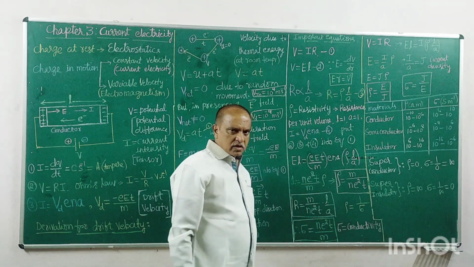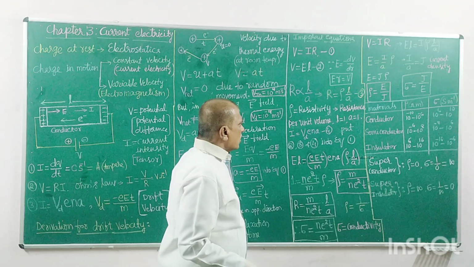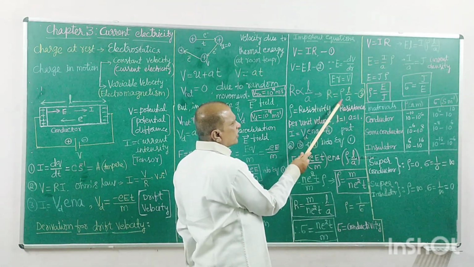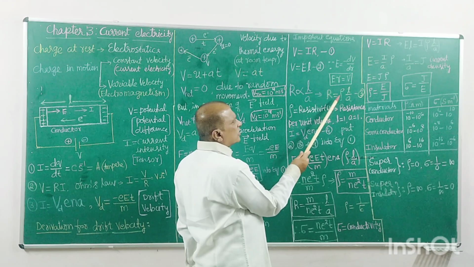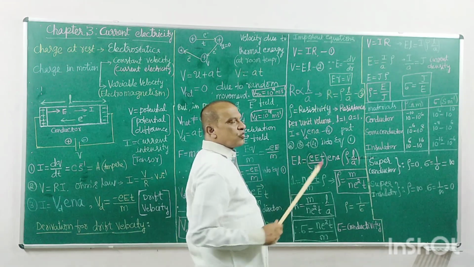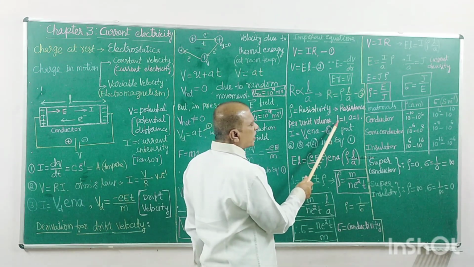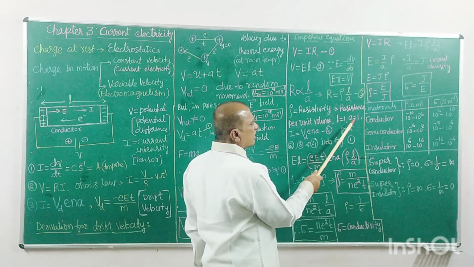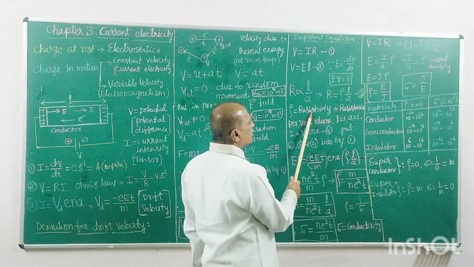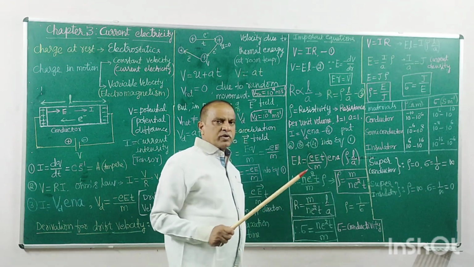This resistivity is also called specific resistance. The specific resistance is defined as the resistance of the material of unit volume, that is, when the length of the conductor is 1 and the area of cross section is 1. So resistivity means resistance of the conductor per unit volume of the conductor.